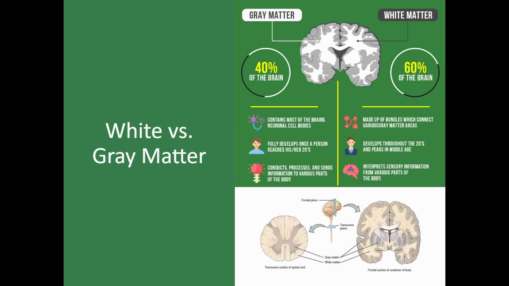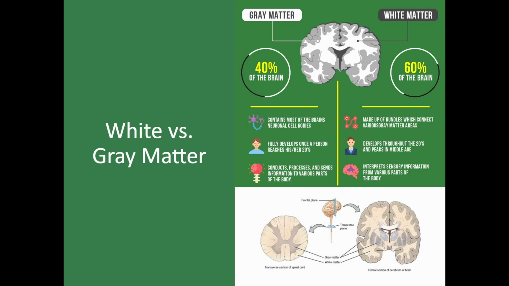It actually peaks or develops most fully in middle age. This is when we see a lot of connective pathways in the brain really come to fruition. The main function of gray matter is to conduct, process, and send information to different parts of the body, but only after integrating and making a decision.